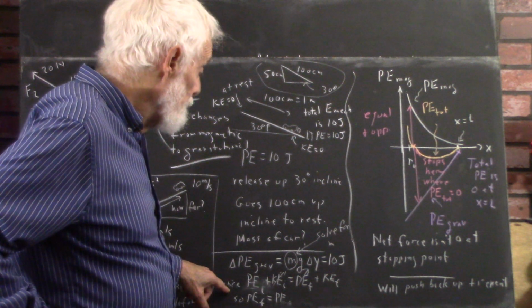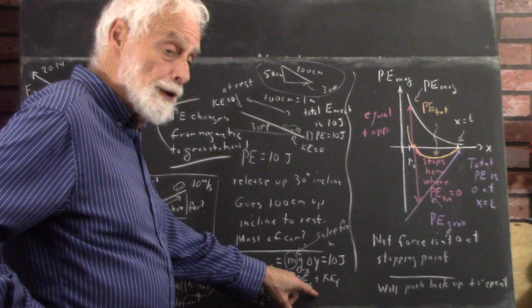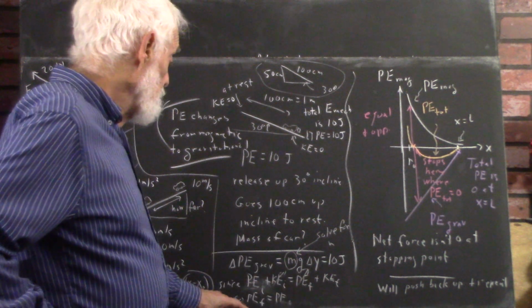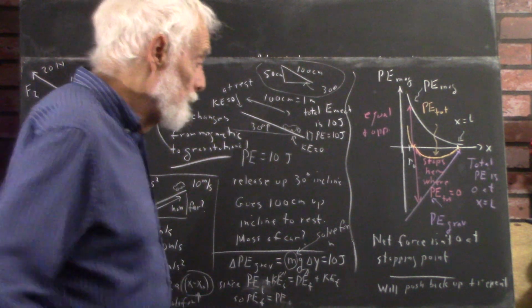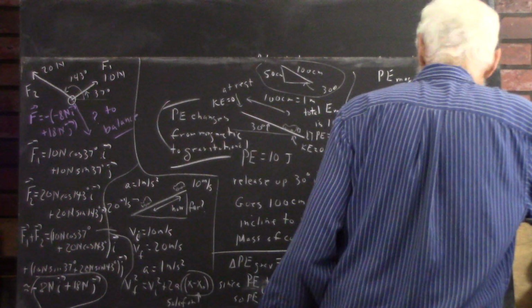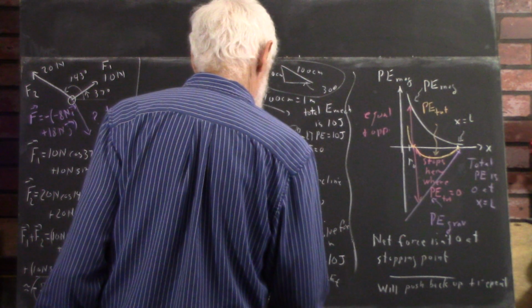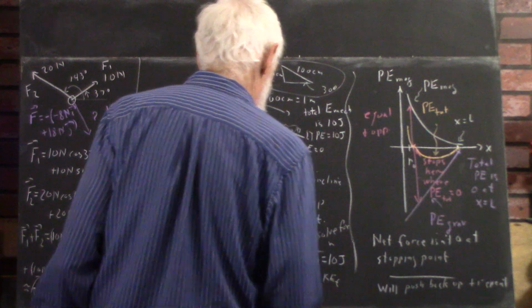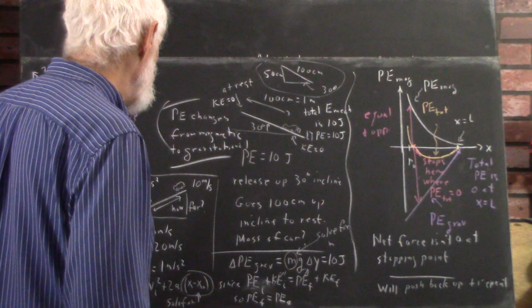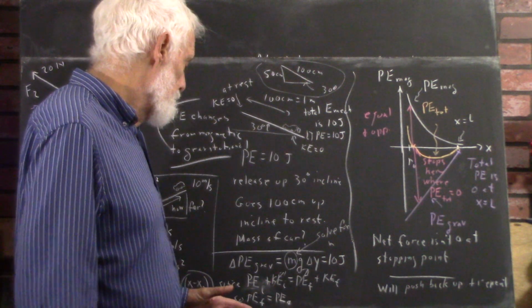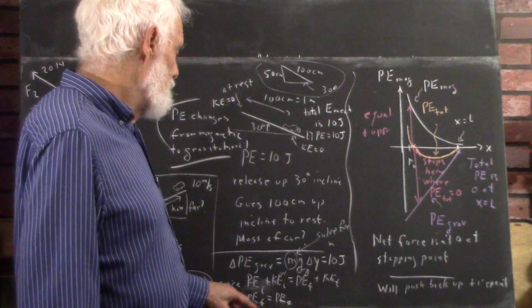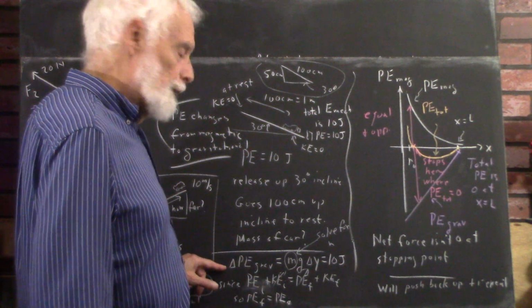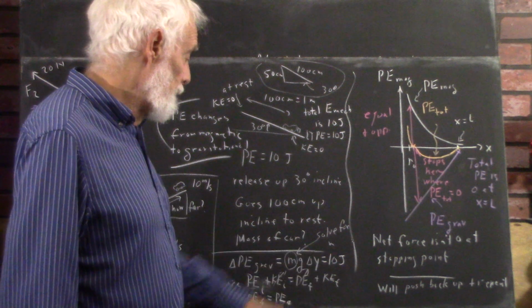Okay, since the total energy is the same at the beginning and end, your final potential energy is equal to your initial potential energy, and that got smudged, so let's write that in. All this is the reason that your gravitational potential energy will then be 10 joules.